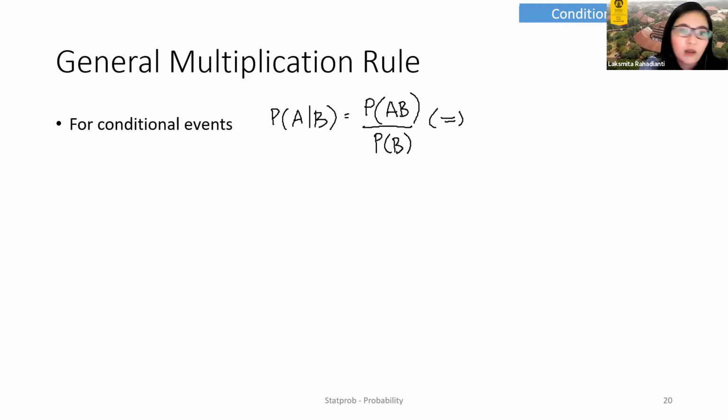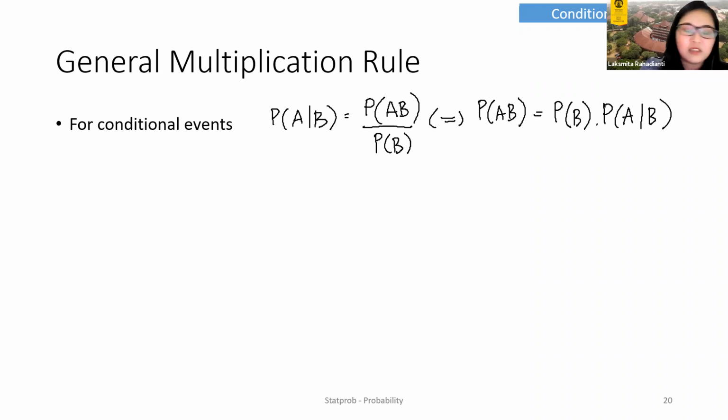If I wanted to rewrite this, I can move things around, and I could write the probability of AB as P(B) times P(A given B). This is nothing fancy. I'm just multiplying to get P(AB), moving around the equations.